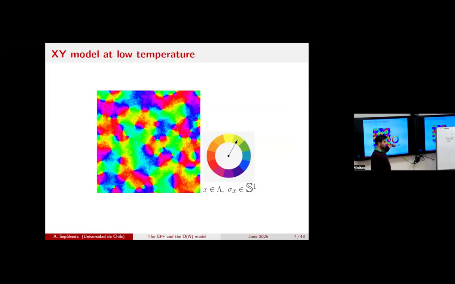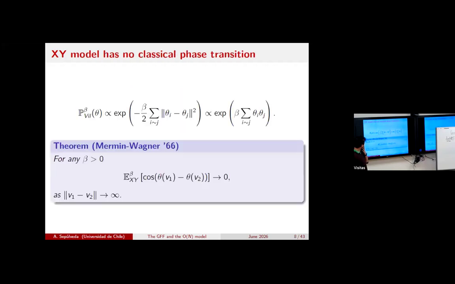So this is a nice way of coloring the angles of the circle. It's called HSV. It's continuous on the circle. So as you can see here, this is not mine. This is a sampling of an XY model, and one can ask what is going on in this model.